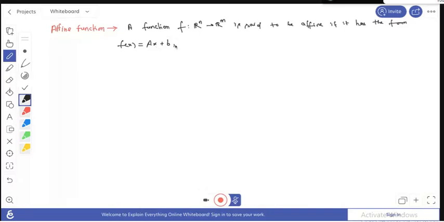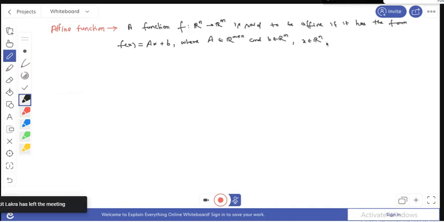Here A is a matrix which belongs to n cross n, and b is a column vector in Rm, and x belongs to Rn.